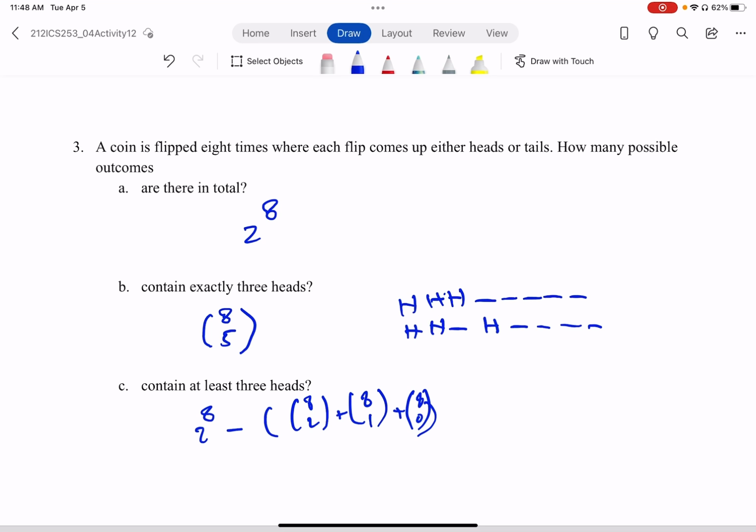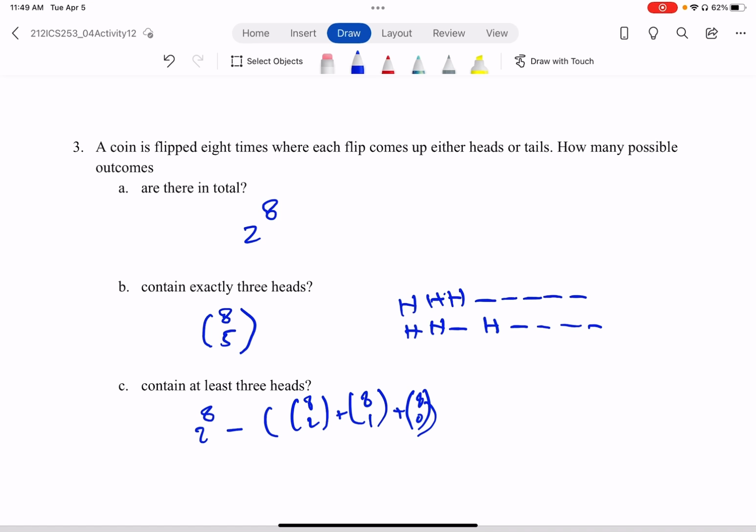Then what do you want to do? If you want at least 3 heads, the easiest way to count is to count all of them and subtract those with at most 2 heads. What does at most 2 heads mean? It means 2 heads, or 1 head, or 0 heads.